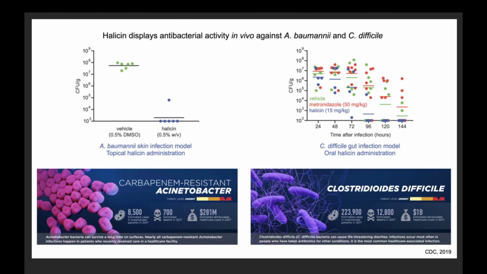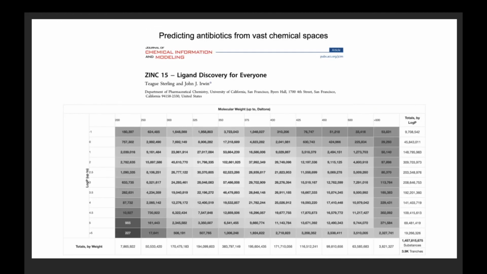So given that we had these exciting results with Halicin, we next asked, instead of looking for new antibiotics in relatively small libraries, can we now apply our model to search vast chemical spaces that we would not be able to empirically screen, right? So for this, we turn to the Zinc-15 database.